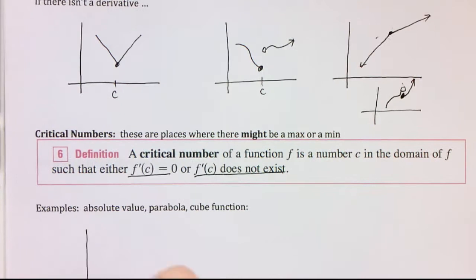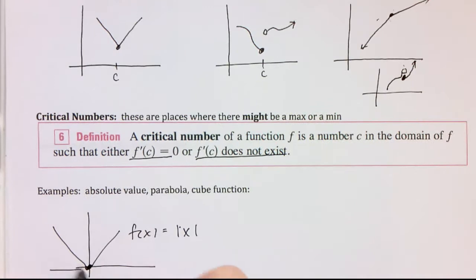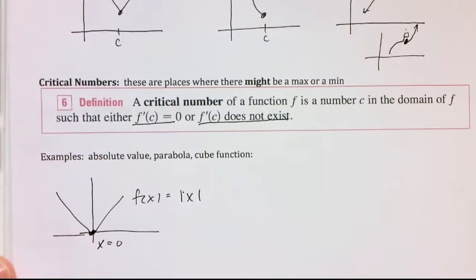Absolute value. Here we have a critical number at x equals 0 because the derivative fails to exist here. And that is a local minimum as well as an absolute minimum.